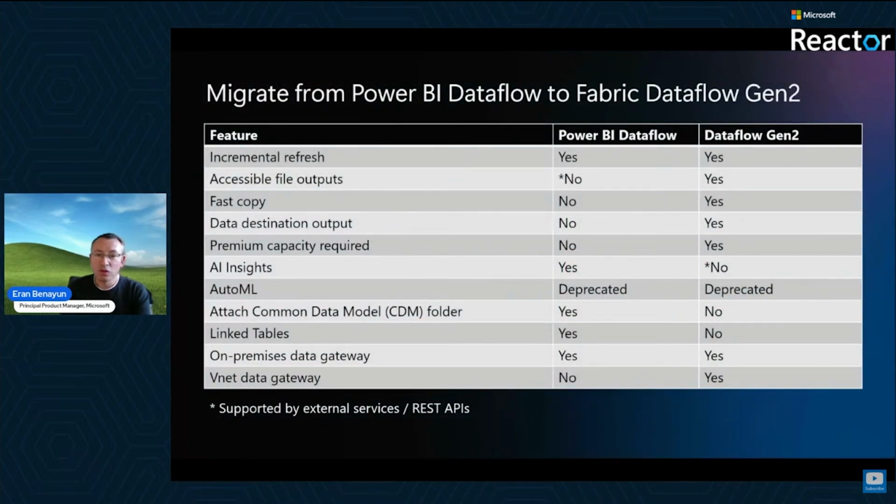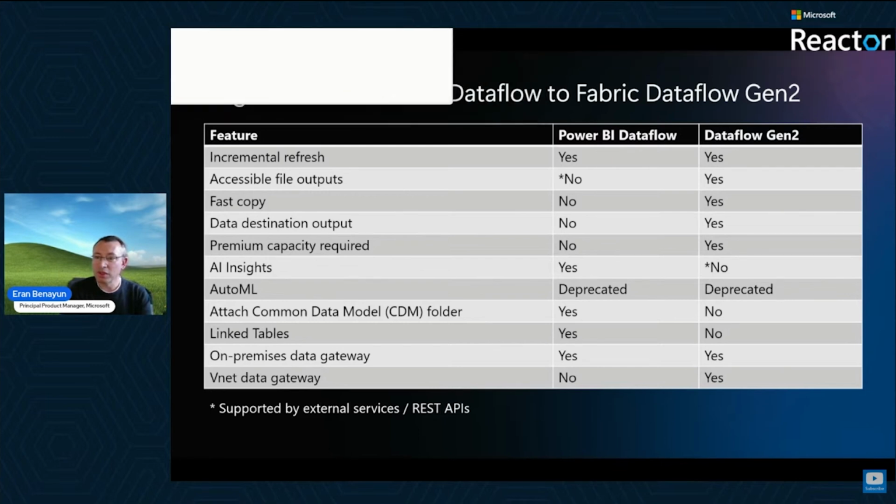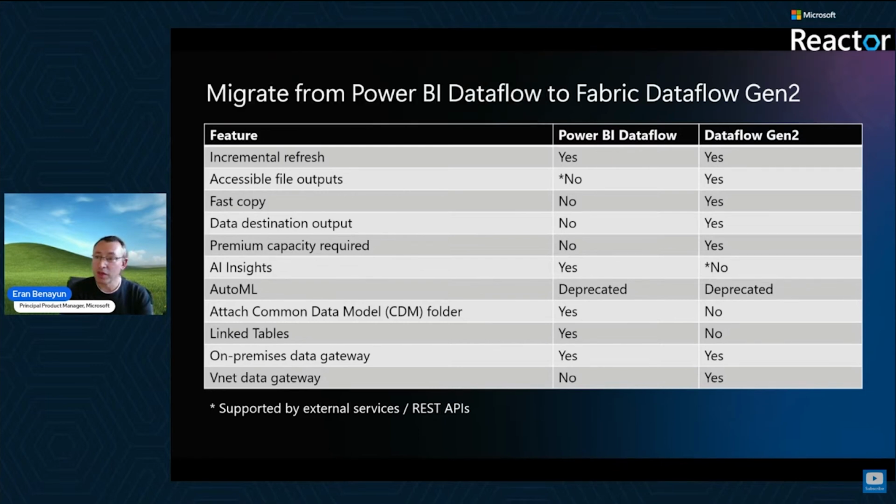All right, so you may also be coming from Power BI Dataflows, also known as Dataflows Gen1. And here's a more detailed feature matrix of what is supported and what's not. So in general, most of the mainstream capabilities, if not all of them, are already supported in Dataflows Gen2.